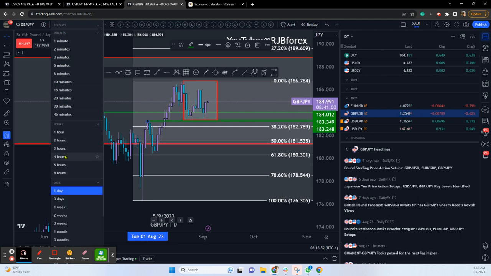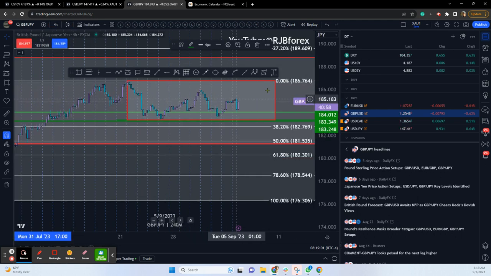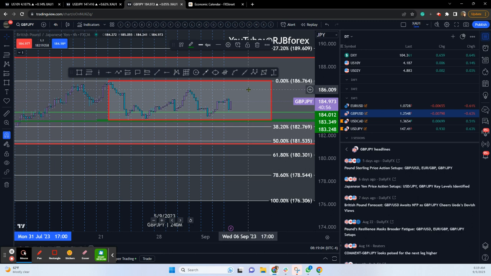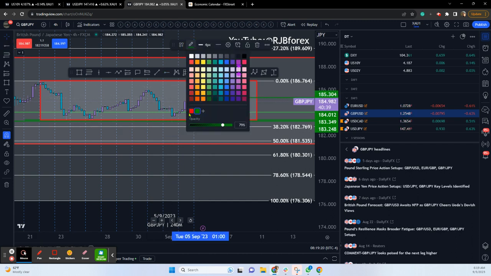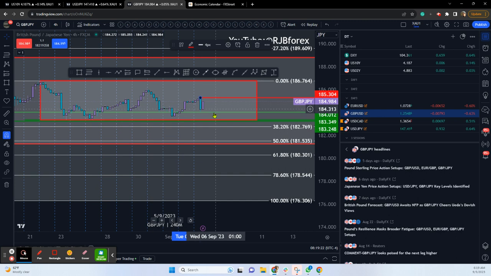And then for the immediate future, yeah, I haven't really got any bias in this, I'm afraid. Resistance here, testing support at the moment.